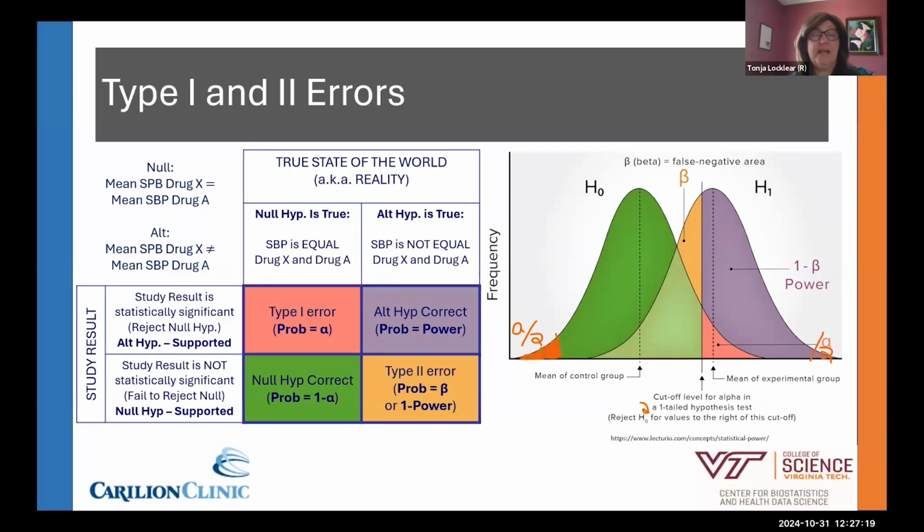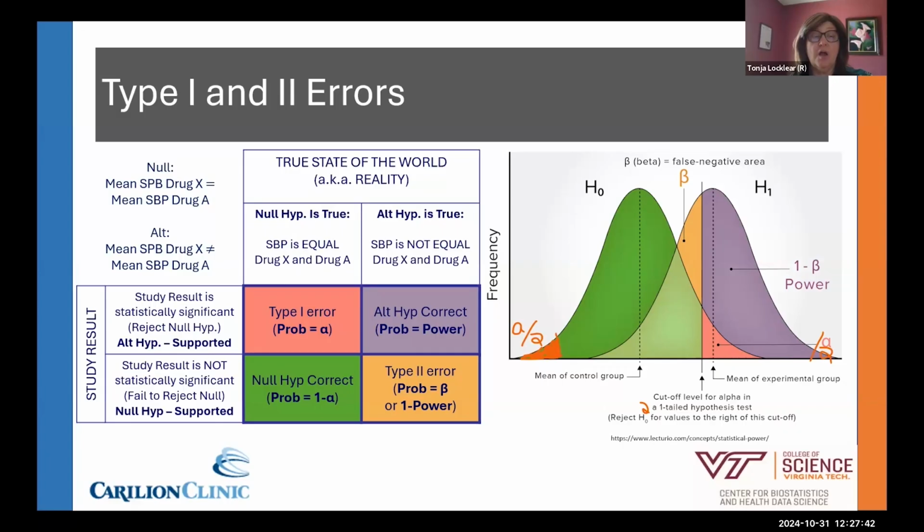Now we have the type 1 and type 2 errors. We've already addressed that a little bit in the conversation, but the type 1 error is the probability of alpha. So we have a 5% chance that we think the alternate hypothesis is true when the null hypothesis is actually true. And our power is when we actually hit the right idea.